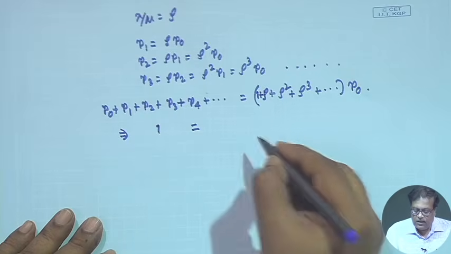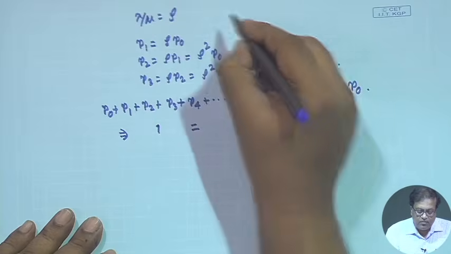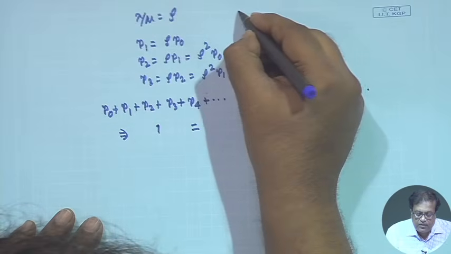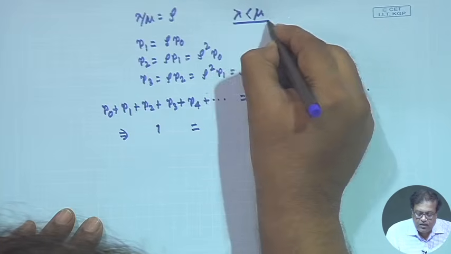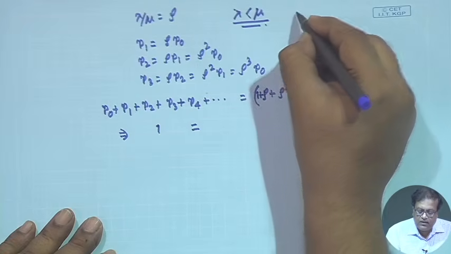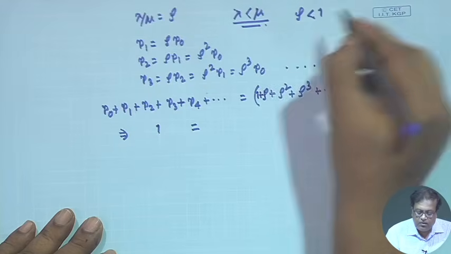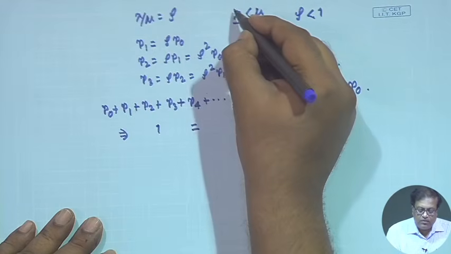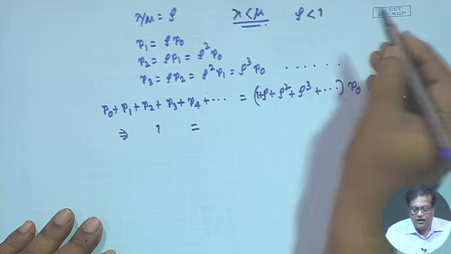and this side is this term. Since rho is less than 1, because we have already told that lambda should be less than mu. If lambda is less than mu, then rho should be less than 1, because rho is lambda by mu, because for steady state the service rate should be higher than the arrival rate.